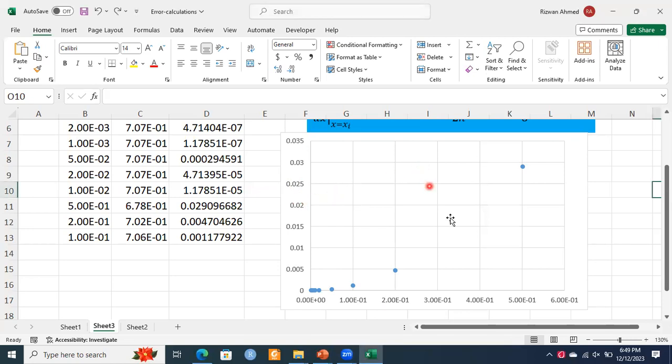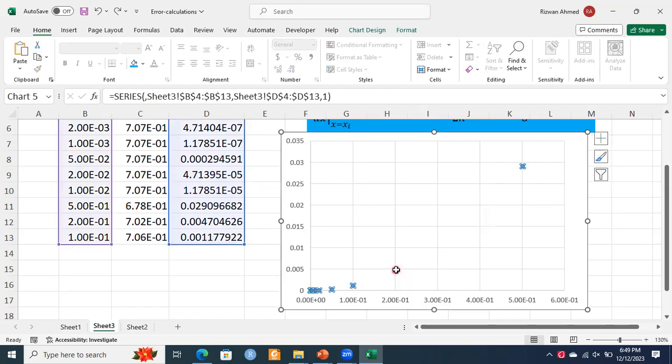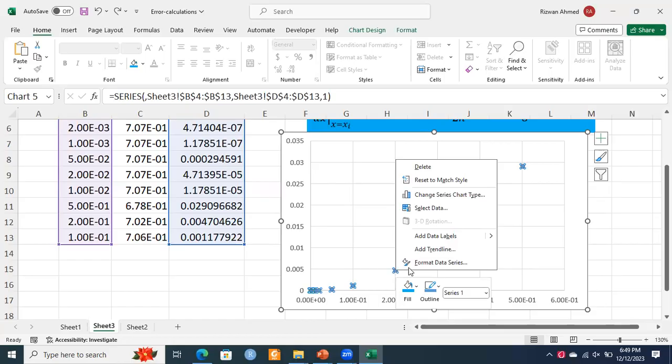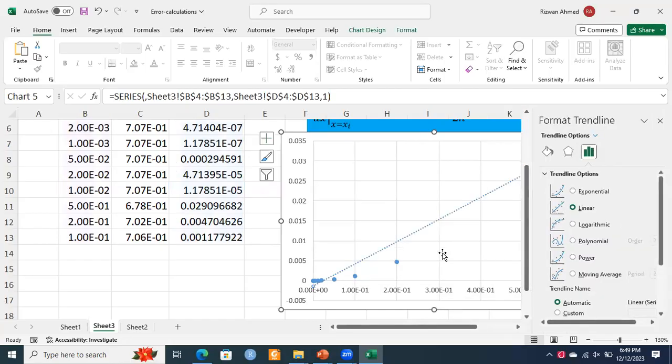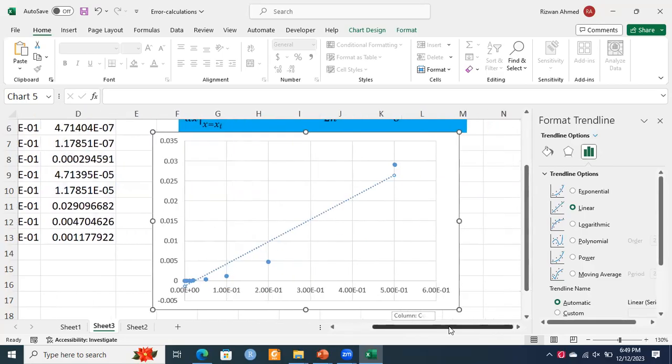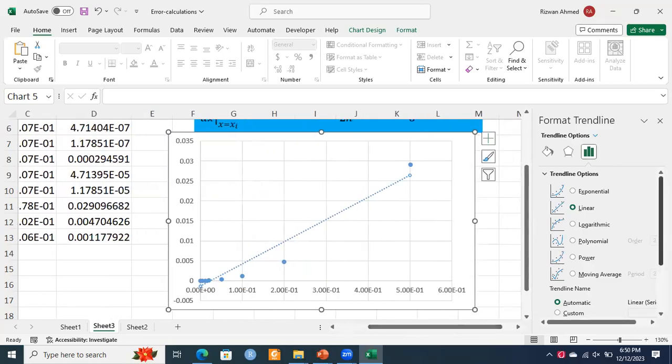Now we can do the regression analysis. This is very handy in Microsoft Excel. Just click on the data points, the right click, and here add a trend line. It offers several relationships based on the regression analysis.